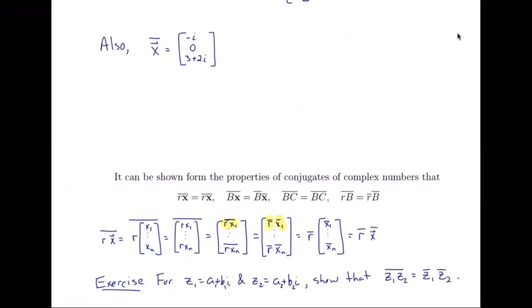Now that fact I've actually left as an exercise for students. If you're not familiar with that, or if that comes to you as an unexpected fact, or if you've just never seen it before, take z1 and z2 with this representation and show that the conjugate of the product z1 times z2 is equal to the product of the conjugates.